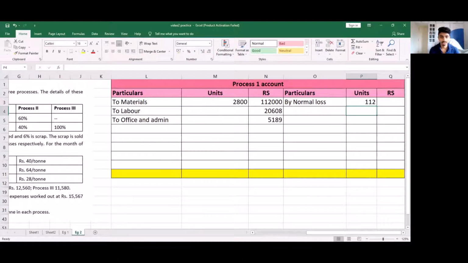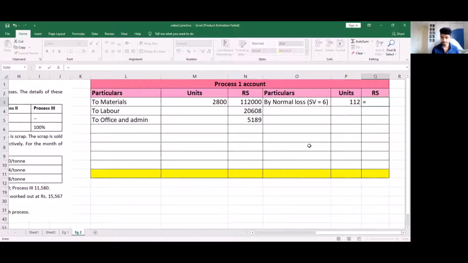Now, what is this value? So it says that in each process, the scrap is sold at rupees 6 in our process 1. So scrap value is 6. So let's mention that here. So our amount will be 112 into 6. This gives us our normal loss.